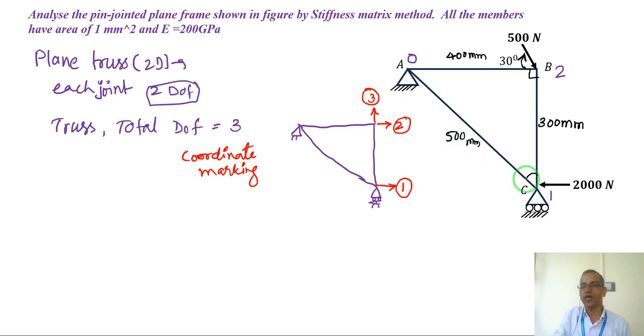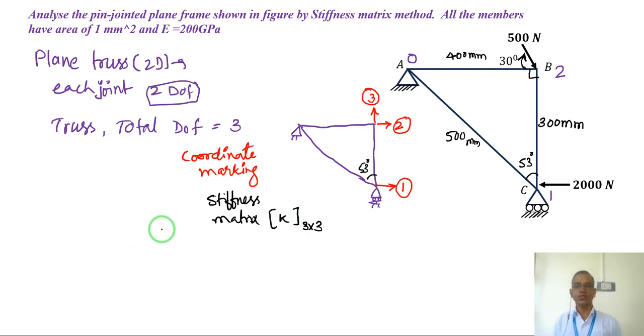So this angle is 53 degrees. This is important to note. So here the angle is 53 degrees. Since I have 3 coordinates, I will have a stiffness matrix of 3 by 3.